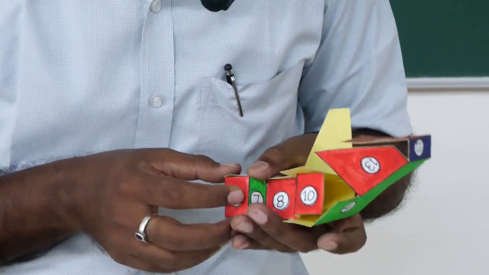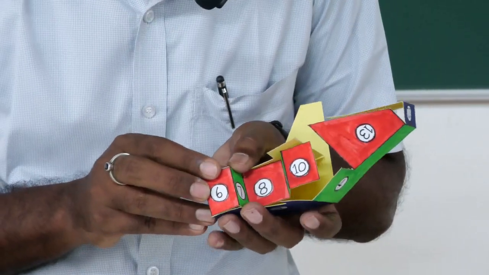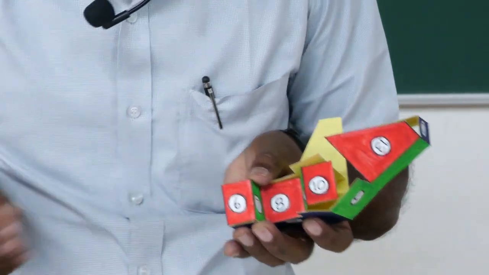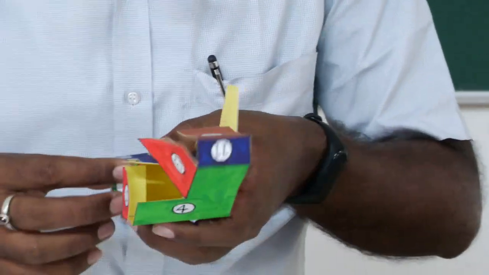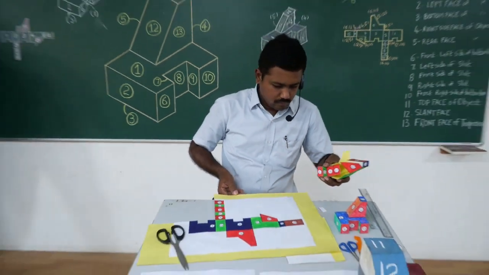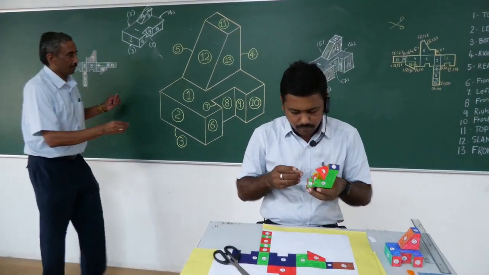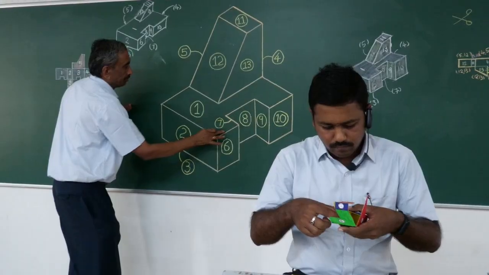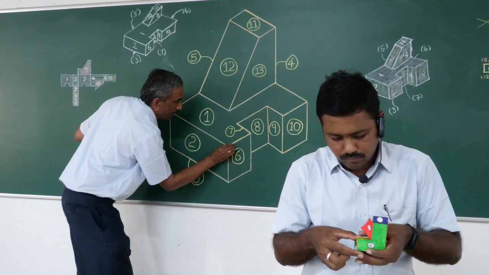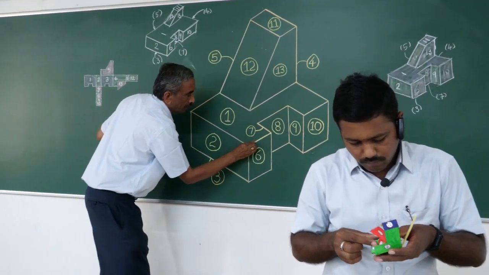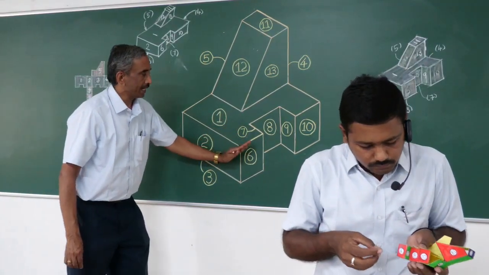So first I am going to paste the edge between 1 and 6. Let me show you the faces 1 and 6 in the model. This is yellow color. So this is 1, this is 6, and sir is pasting 1 and 6. You can use cellophane tape and paste 1 and 6.